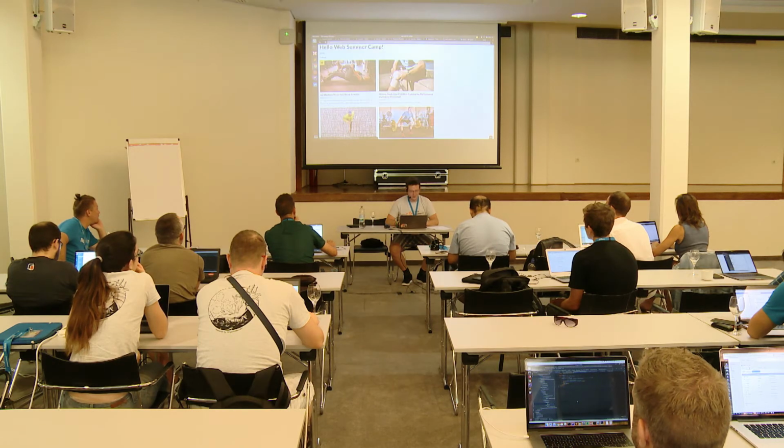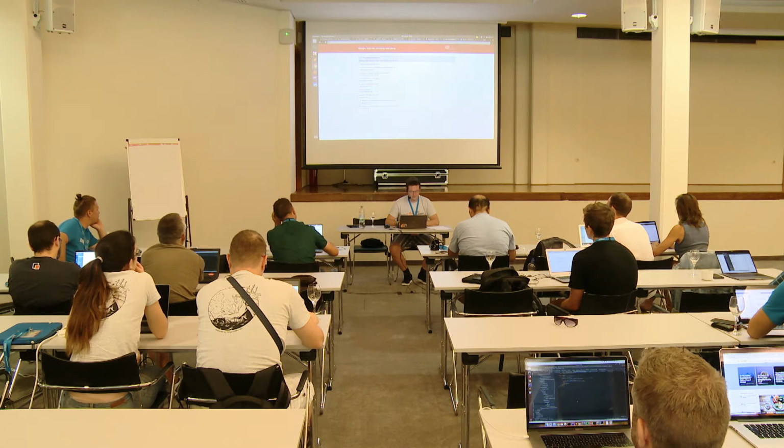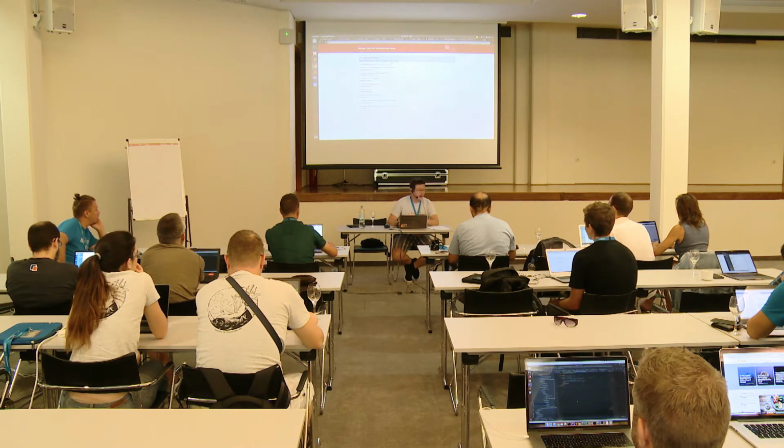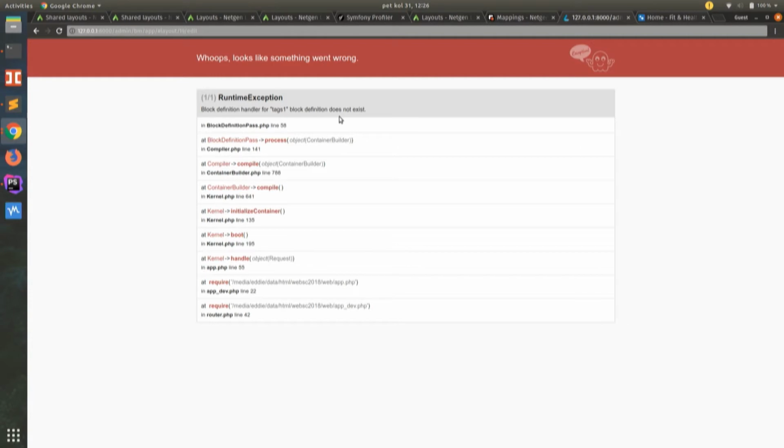But if we disable the service, in the development mode, you will get the crash. In the production mode, you should not get the crash. At least I hope so. I did work on that, but I'm not sure. I think it's not finished yet. The loading and displaying of the undefined blocks.